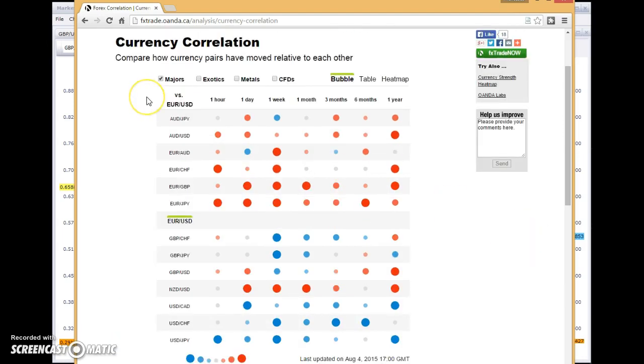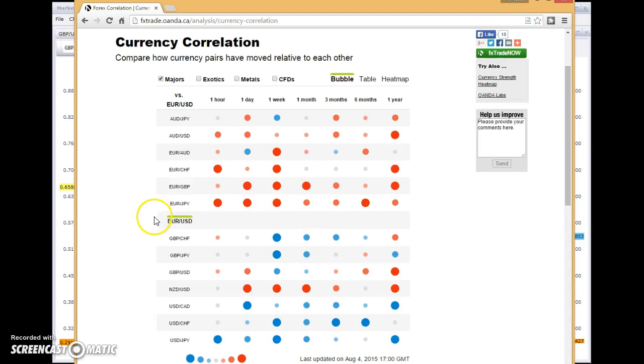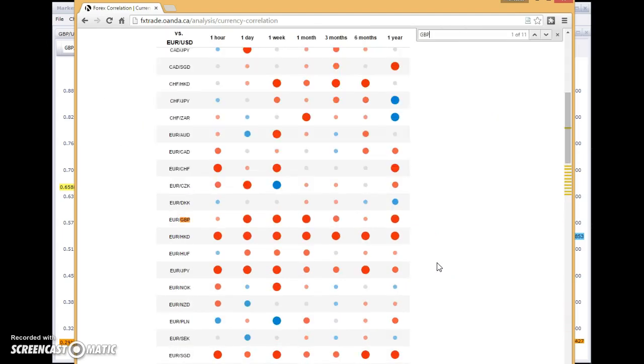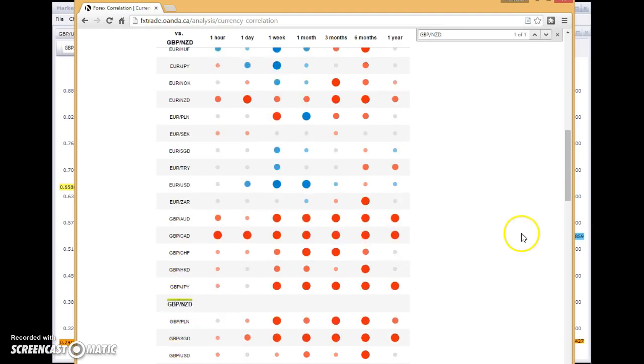So we'll be looking at the pound Kiwi. Now the pound Kiwi is not listed, but if we added the exotics, I think that might take us to the pound Kiwi. So let's do a little search for that, and that should give us the actual prioritization of that.